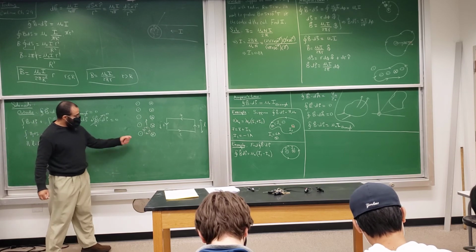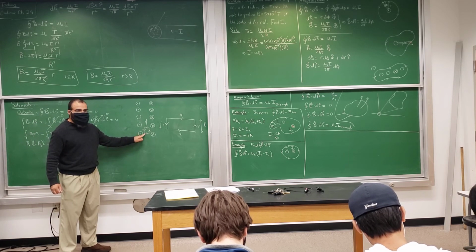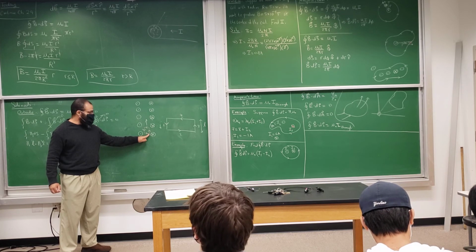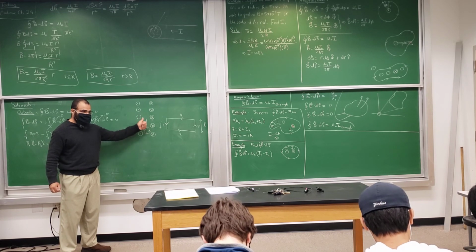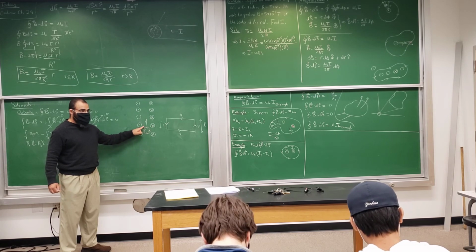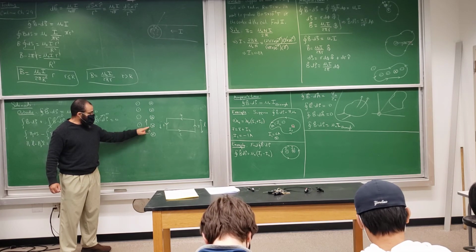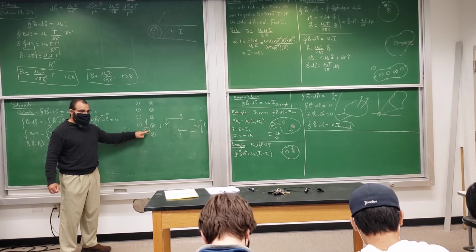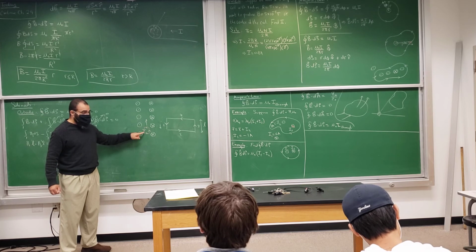In this portion, what is B dot ds? 0, because the magnetic field is up. So B dot ds here is 0, and B dot ds here is 0. In here it would be B times ds, and in here it would be negative B times ds.